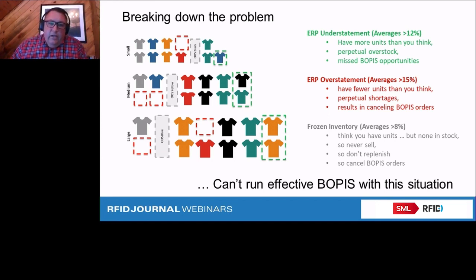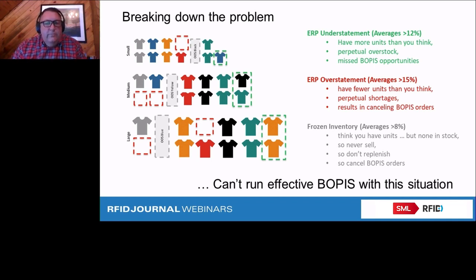The next error is overstatement of the ERP, which means you have fewer units than you think you do. And this is the situation where the red boxes are involved. And this is pervasive as well. It's greater than 15% of the cases that we've studied across the thousands and thousands of stores and the dozens of pilots.